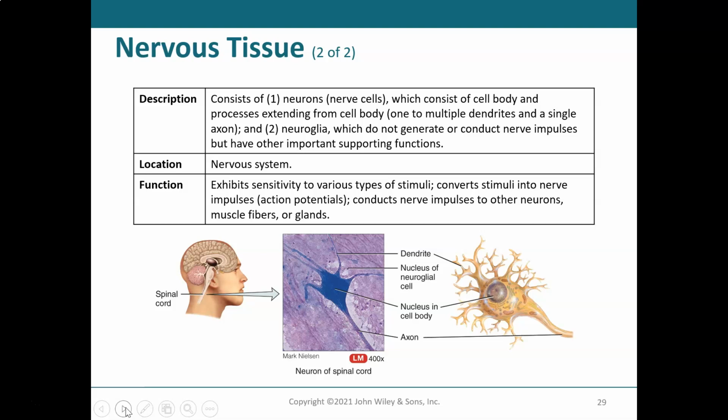It receives messages about stimulus and converts that into impulses, which are referred to as action potentials. Nerve impulses are conducted to other parts of the body, including neurons, muscle fibers, and glands. And the image to the right is a really nice depiction of what nervous tissue should look like.